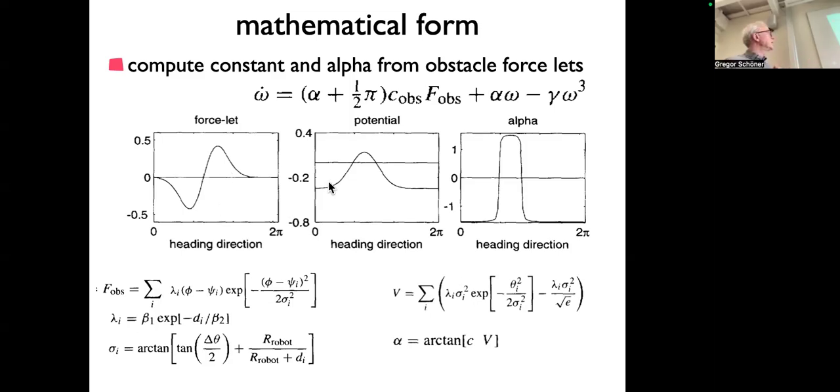So what we do here is we flip this around and make a function that measures whether there is anything. We want to mark the region from here to here. That is a region where there is a forcelet, so there is a reason to avoid something. To do that, we make this into a potential. So we just integrate it. That gives us this function.